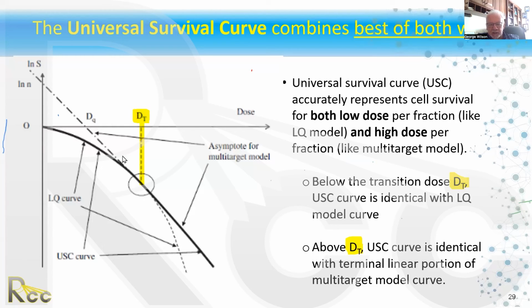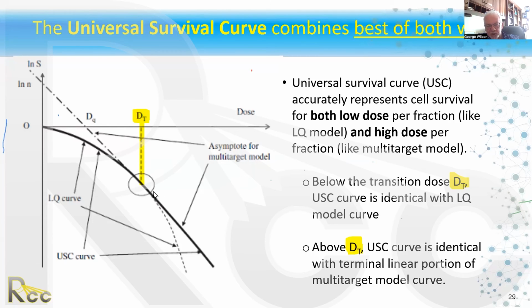So below this transition dose, the LQ model is used to calculate effective doses and such like. But above this, the universal survival model uses that more complex multi-target model.